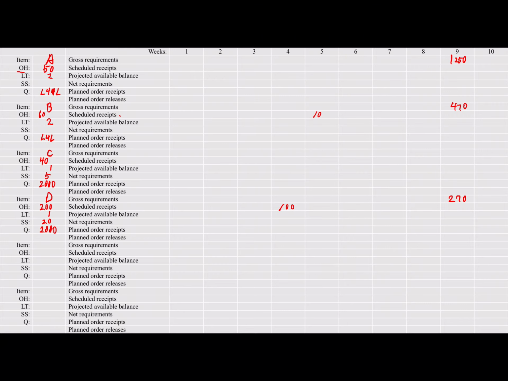Which means that the on hand, or the projected available balance, at the end of week 1 is 50. Because there's no requirement, we are not using the on hand inventory, and at the end of week 1 it is 50. Same thing, 50 in week 2. No demands. We do not have to fill out any orders.